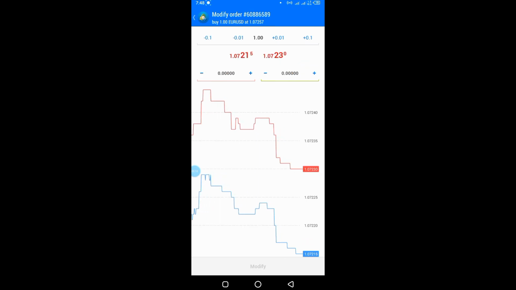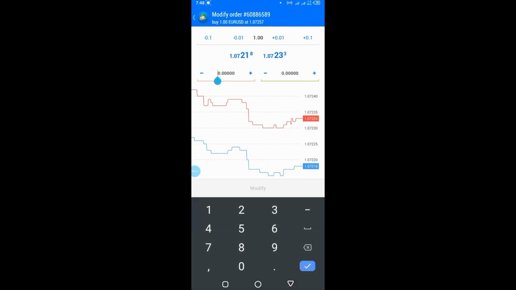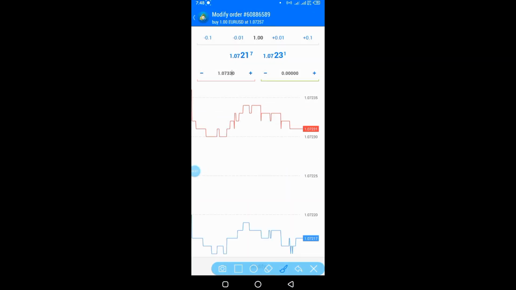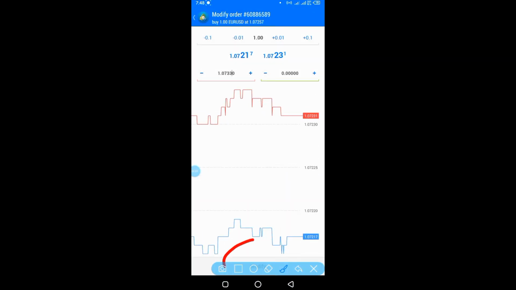Therefore, I'm going to come to this part of the stop loss and place my stop loss, which is you type 1.0733. Once I have typed this, you can see on this part, modify.